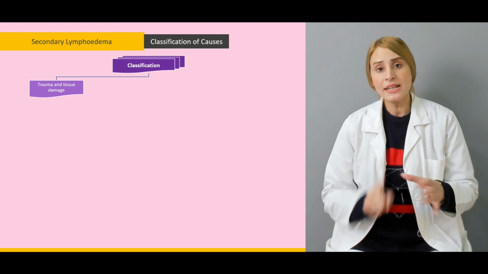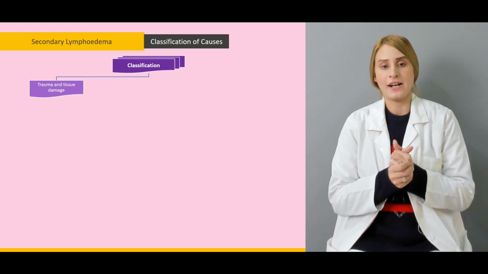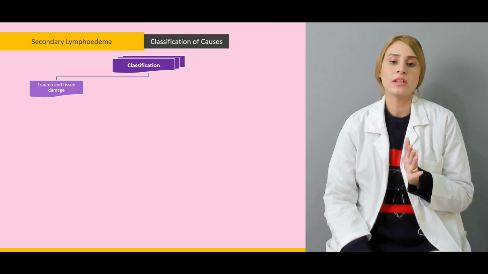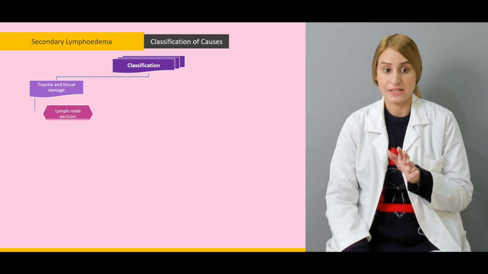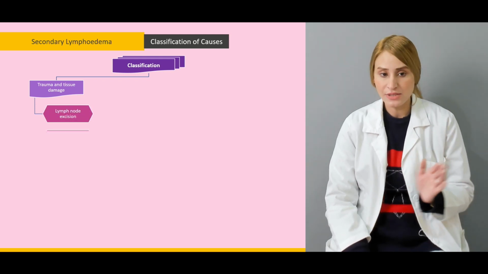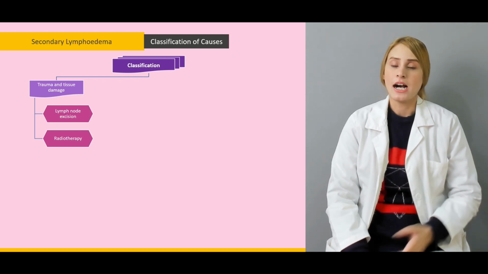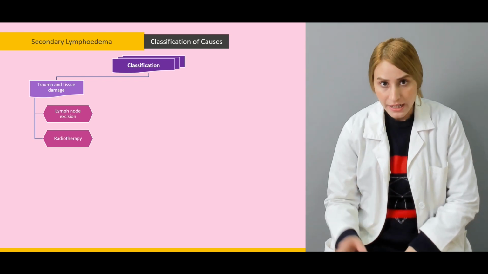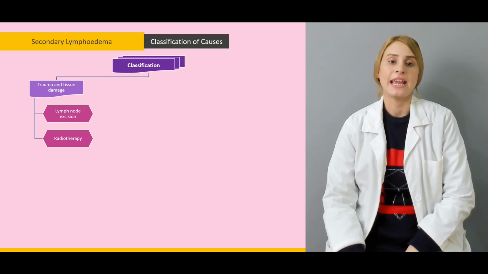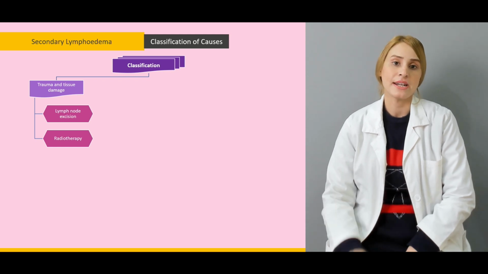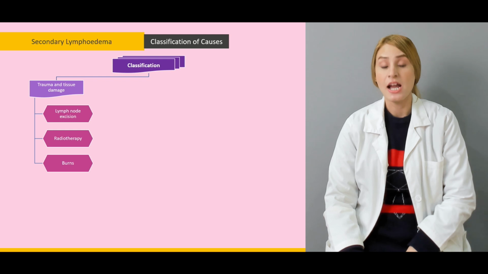We can also classify secondary lymphedema on the basis of the causes. They can be trauma and tissue damage, like if you are doing a lymph node excision, post-operatively the patient can develop lymphedema.